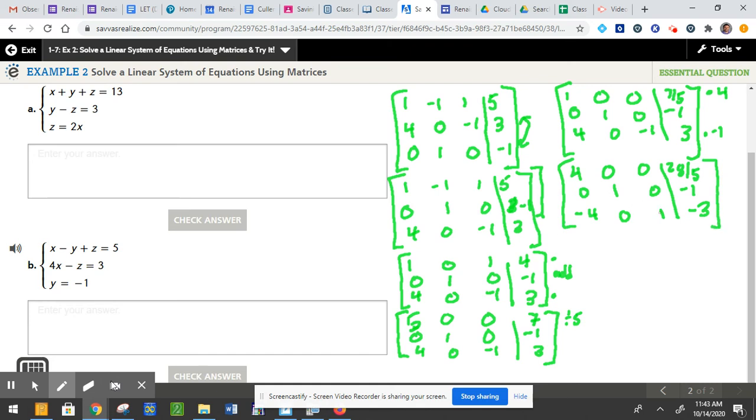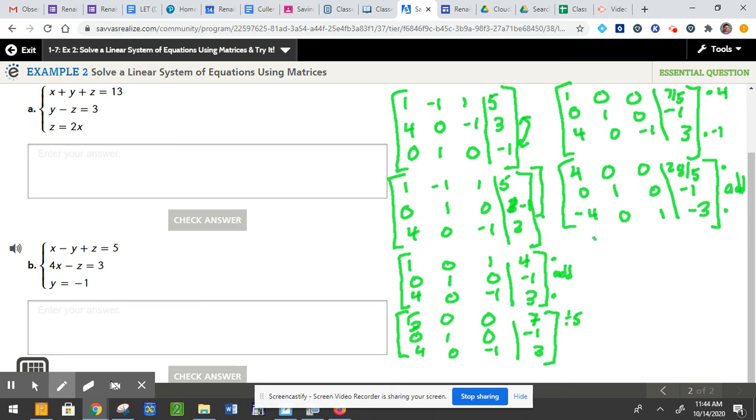Got the 1 where I wanted it there. Now I just need to worry about this one, which is why I have these being opposite. So now I'm going to add the first and the third rows together, and that's going to give me a new third row. And then I'm going to revert just by dividing by 4 my first row back to what it was.